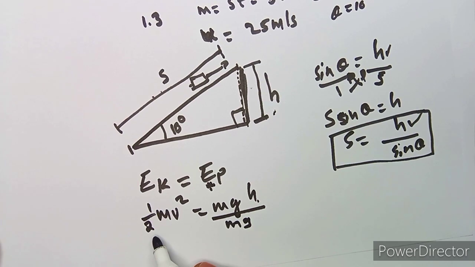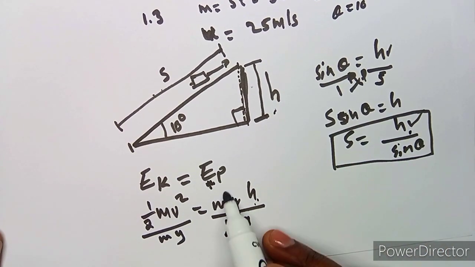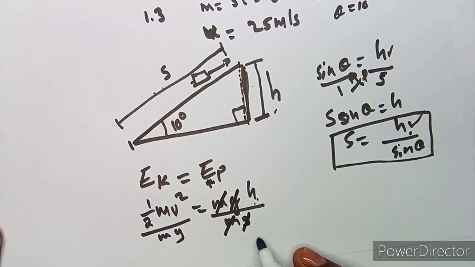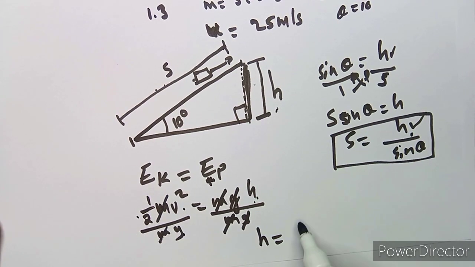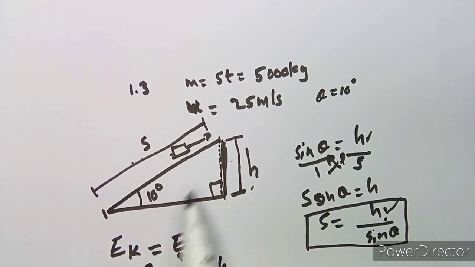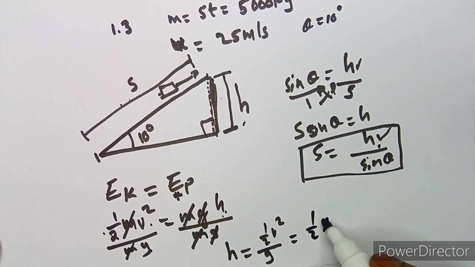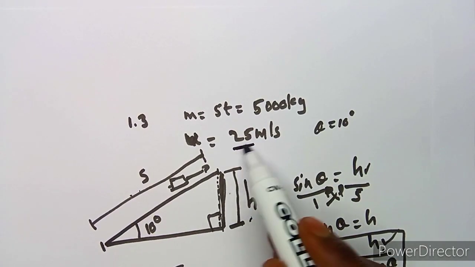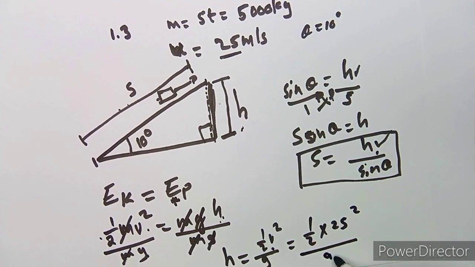So H is going to be left with m, and m is going to cancel, so we are going to be left with half v squared over g. Everything is there, so it is going to be half times v squared, which is your velocity in this case, 25 squared, over g, which is 9,8.